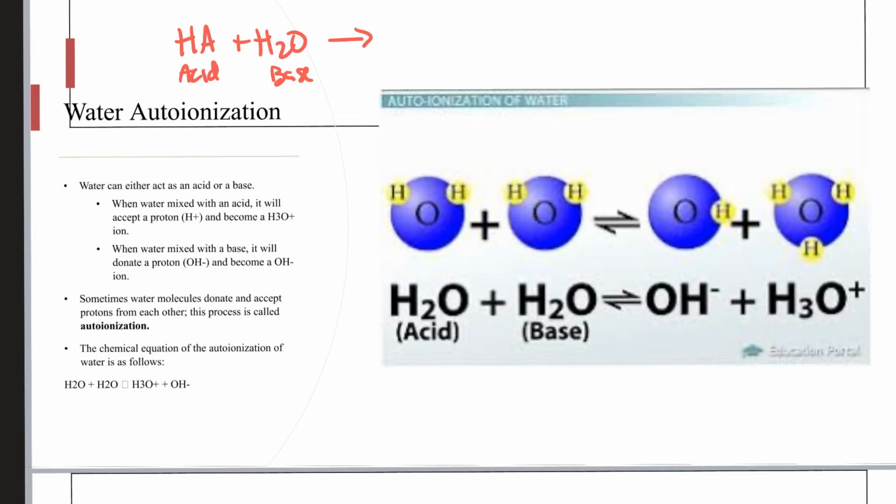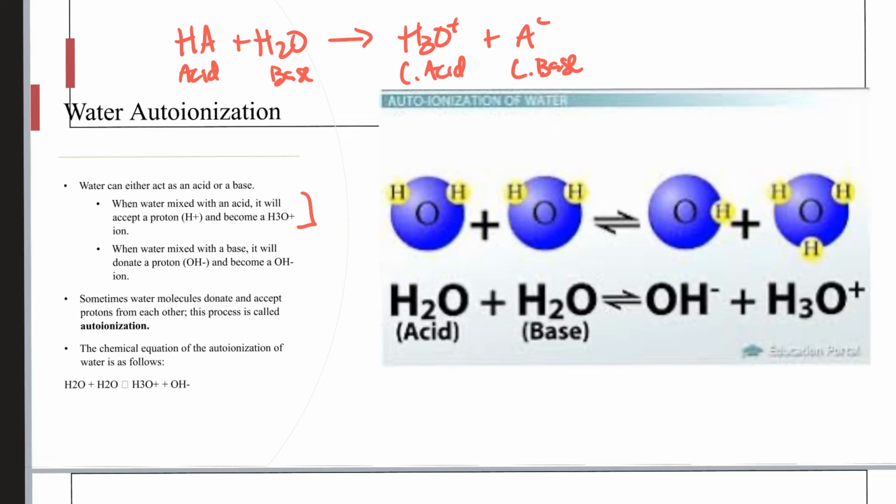We know acids tend to lose a hydrogen ion, and bases tend to gain the hydrogen ion. So here's water now becoming the conjugate acid, and then you have the substance without the H, which is now the conjugate base. That's what this part is saying.